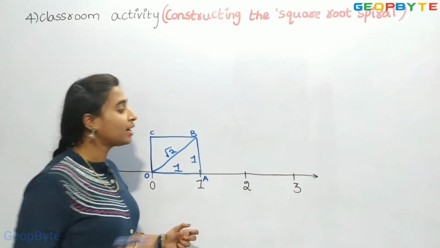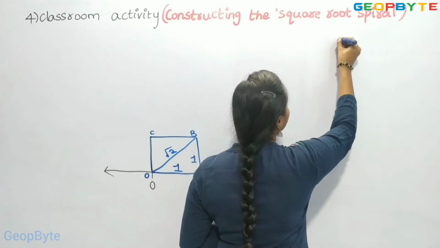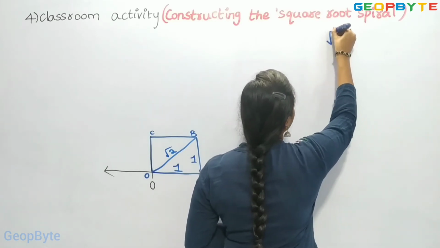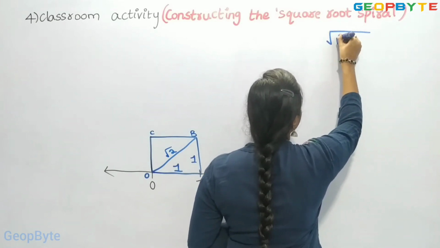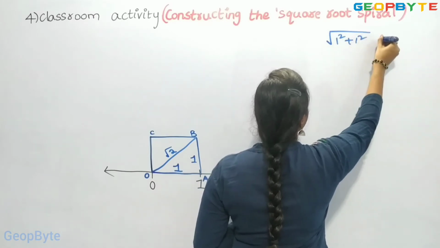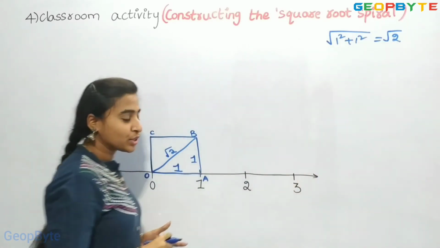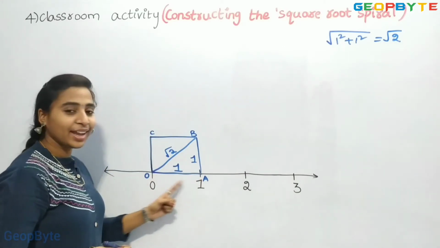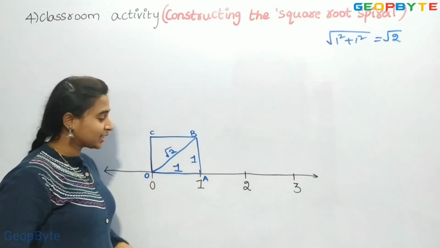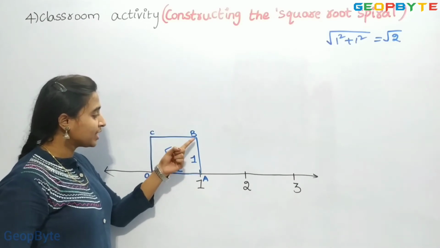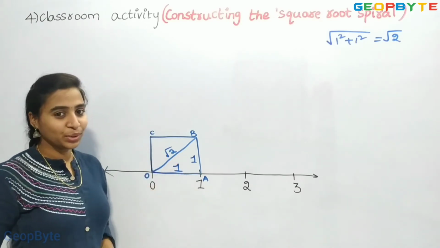As we have solved by using Pythagoras theorem, under root 1 square plus 1 square is equal to root 2. So, as this is a triangle, by using Pythagoras theorem, base square plus height square, we got root 2.